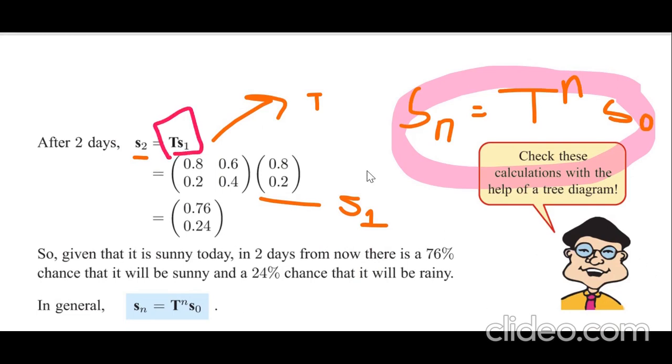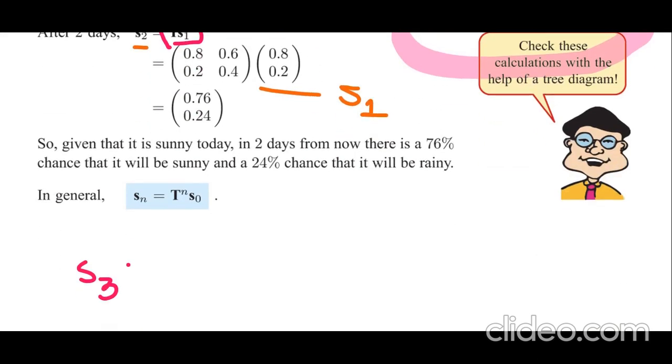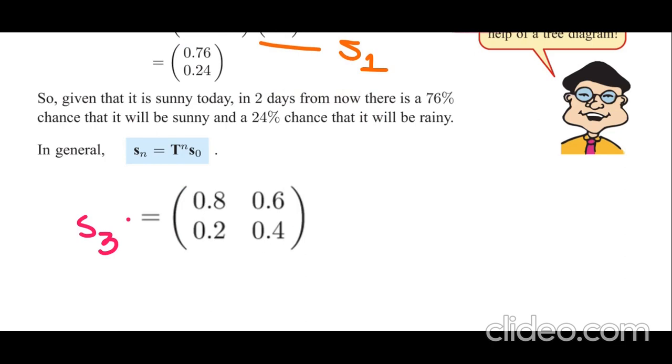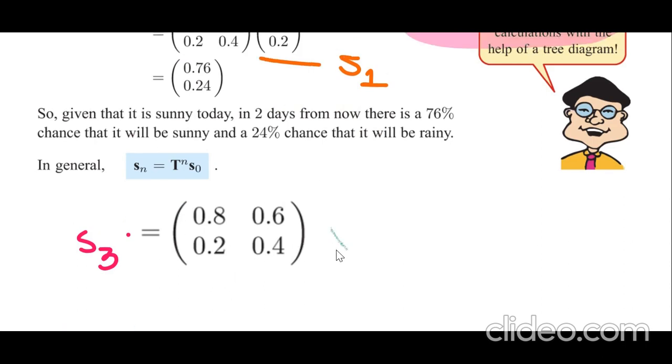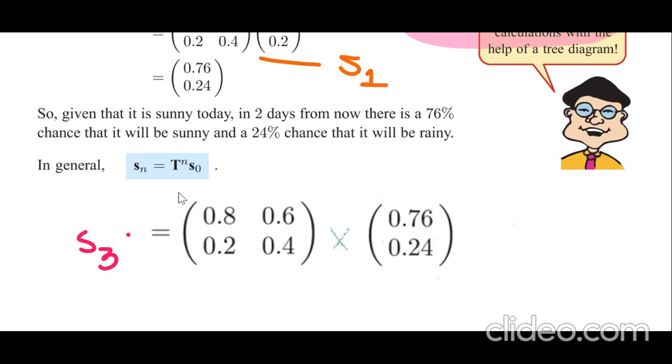Now we will multiply the transition matrix, which we have over here, into what we just got as S2. So we multiply this with this. Once we multiply these two, we will get our S3 for the third day. I hope you guys understood this much.